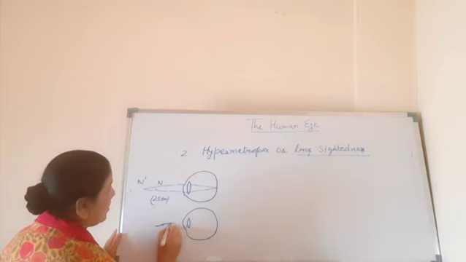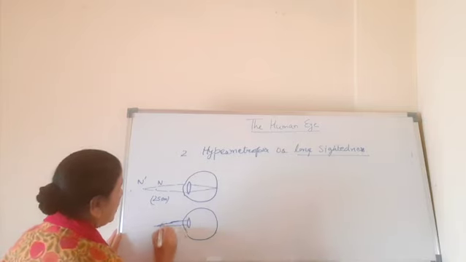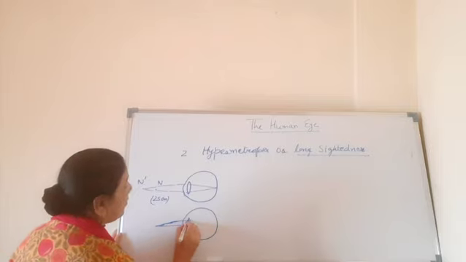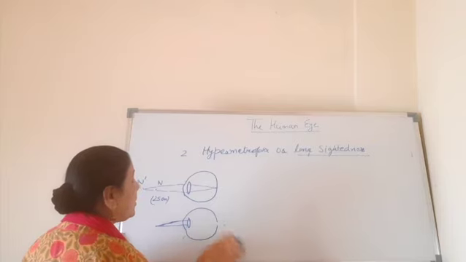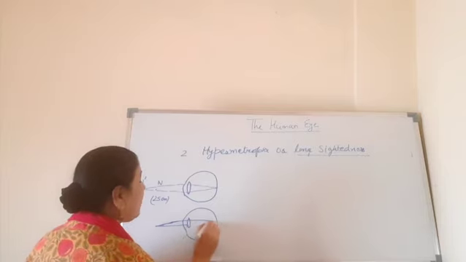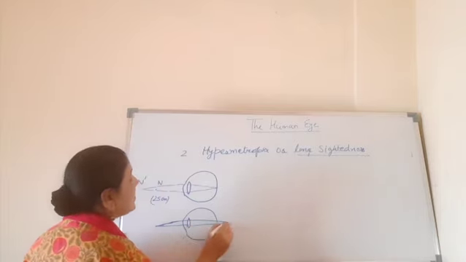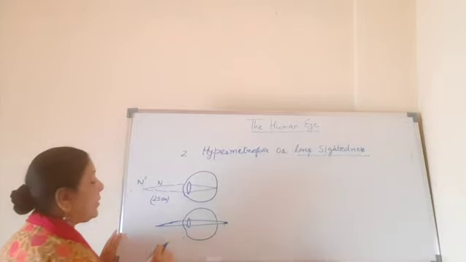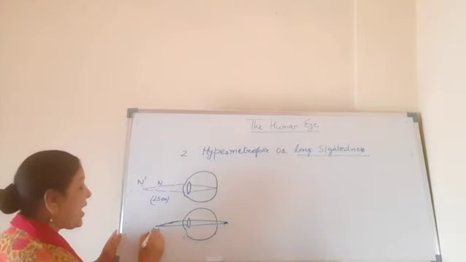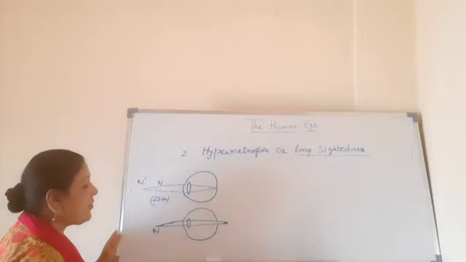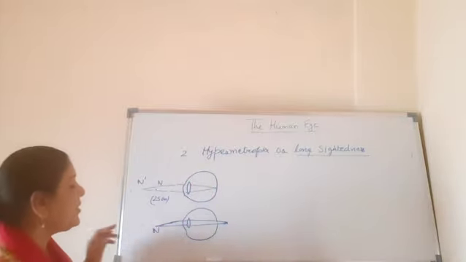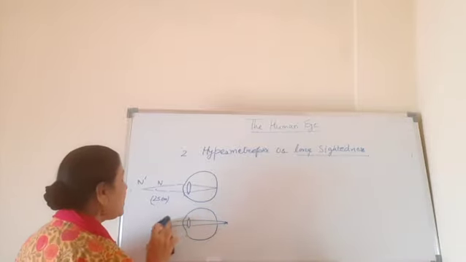If it's at the normal near point, then the image becomes beyond the retina. If it's placed at 25 centimeter, the image is formed here. So if this is N, at N dash he is comfortably seeing, it's falling at the retina, but at N the image is formed like this.